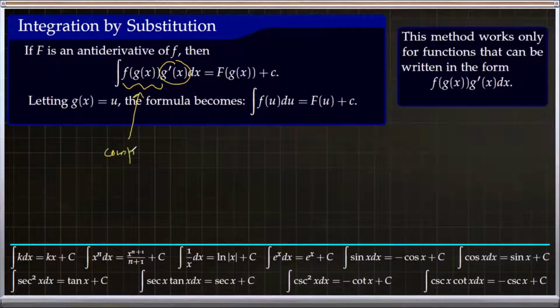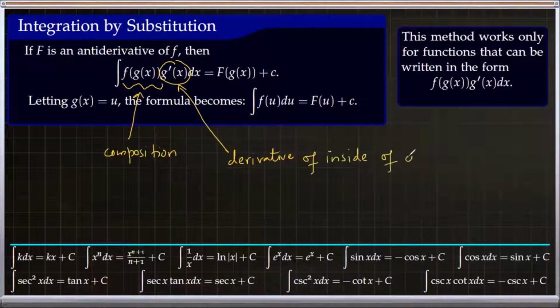This is the composition part. We have f and g composed. And we must have right next to it the derivative of inside of the composition part. Then only we can apply this method, integration by substitution.